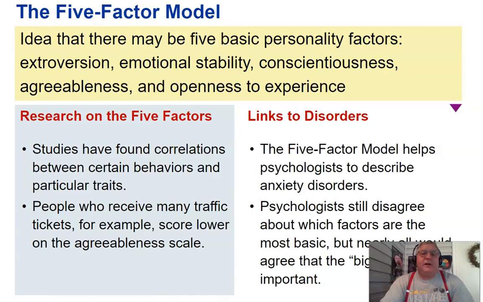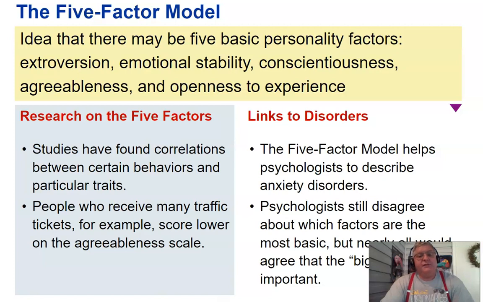The idea that there may be five basic personality factors: extroversion, emotional stability, conscientiousness, agreeableness, openness to experience. Research on the five factors has found correlations between certain behaviors and particular traits.